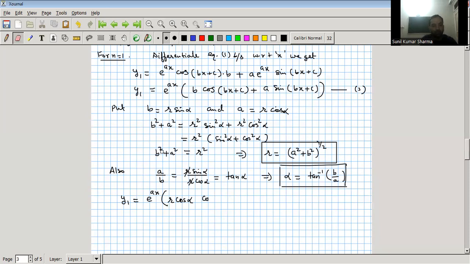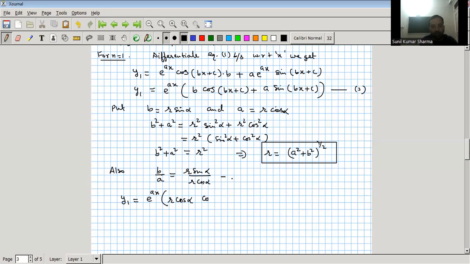But here also, instead of b by a, we find b by a. b by a is equal to r sin alpha upon r cos alpha.